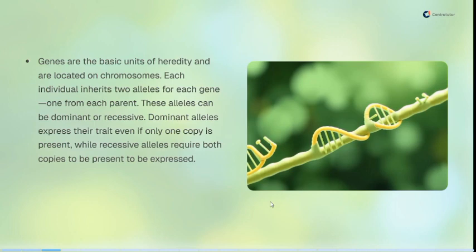Dominant alleles express their traits even if only one copy is present, while recessive alleles require both copies to be present to be expressed. So what does this mean?